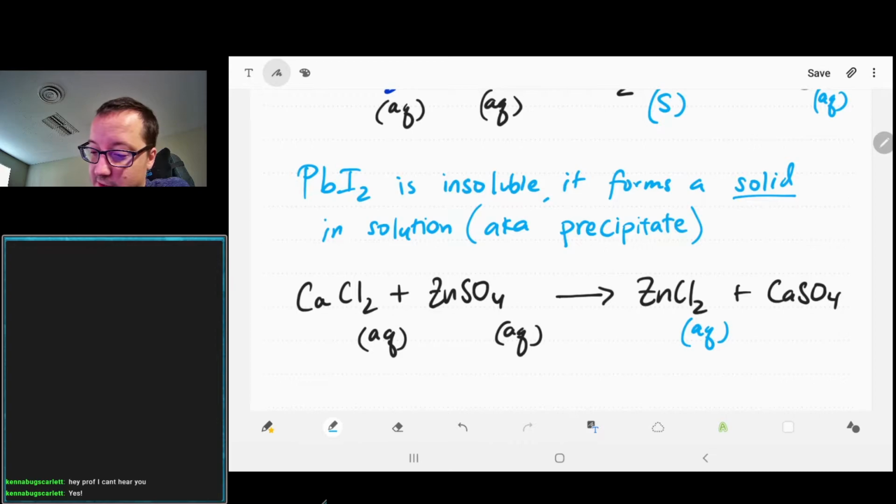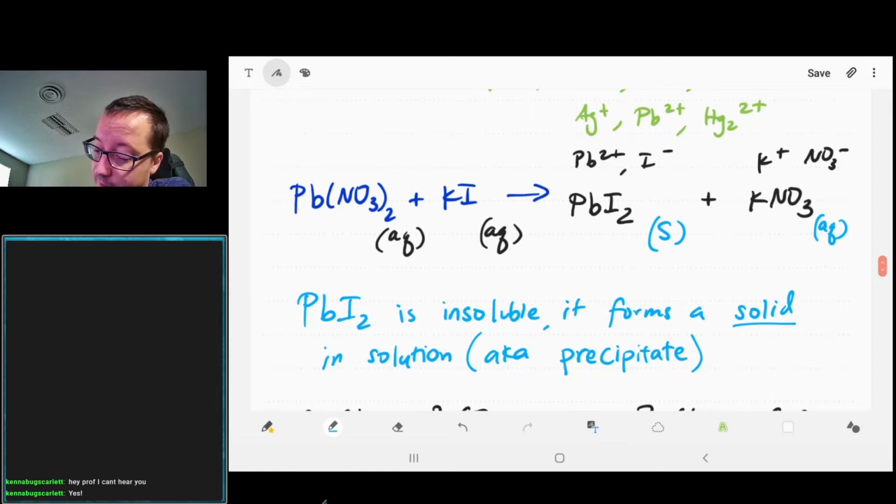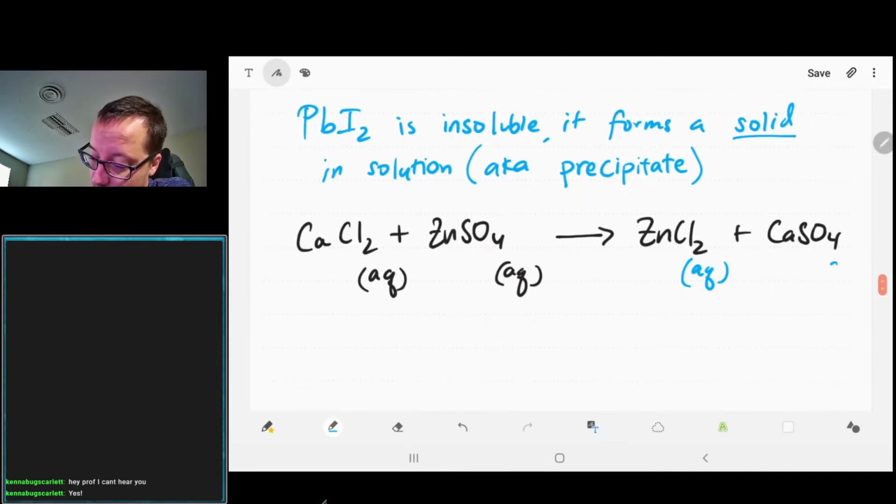Calcium sulfate, let's look up our sulfates. It looks like calcium sulfate is an exception to the rule, so calcium sulfate should not be soluble. If it is not soluble, it's going to be a solid in our reaction vessel. It does not dissolve, it's going to stay solid.